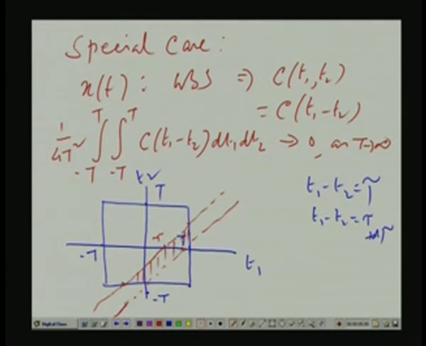Over this area, since d tau is infinitesimally small, the function C has a constant value, that is C(tau). So, what is the integral over this infinitesimal segment? C(tau) times this area, and then I will sum up by this integral to include the entire square. What is this area?